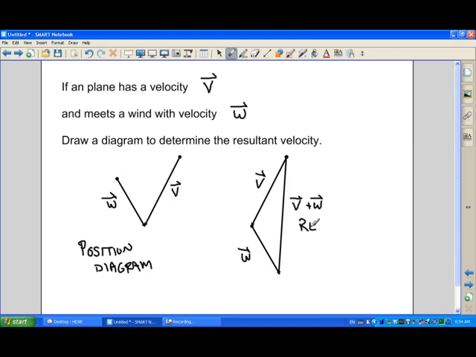This is the resultant velocity. It's also what we've drawn. It's called a vector diagram.